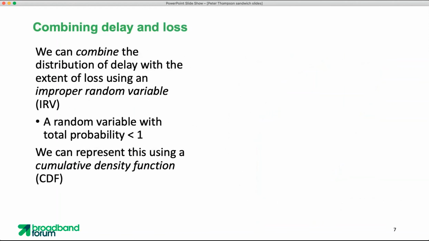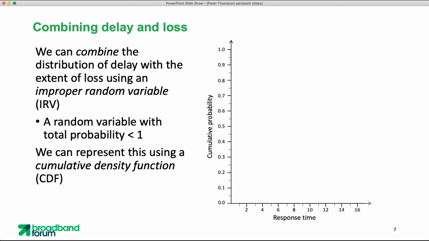So as I said, we combine the distribution of delay and the extent of loss together with a mathematical concept called an improper random variable, which is just a random variable with a total probability of less than 1. And we conveniently represent these using what we call a cumulative density function. So here's an example.